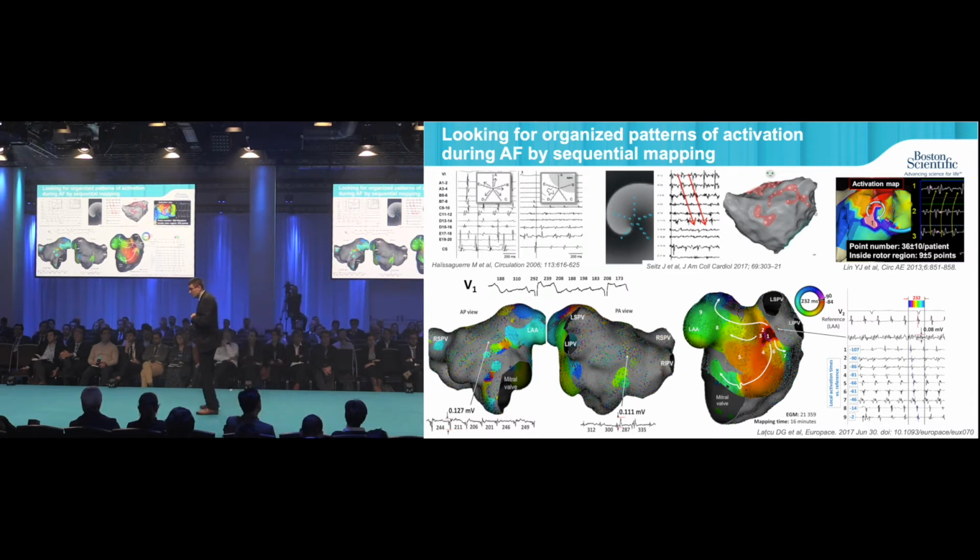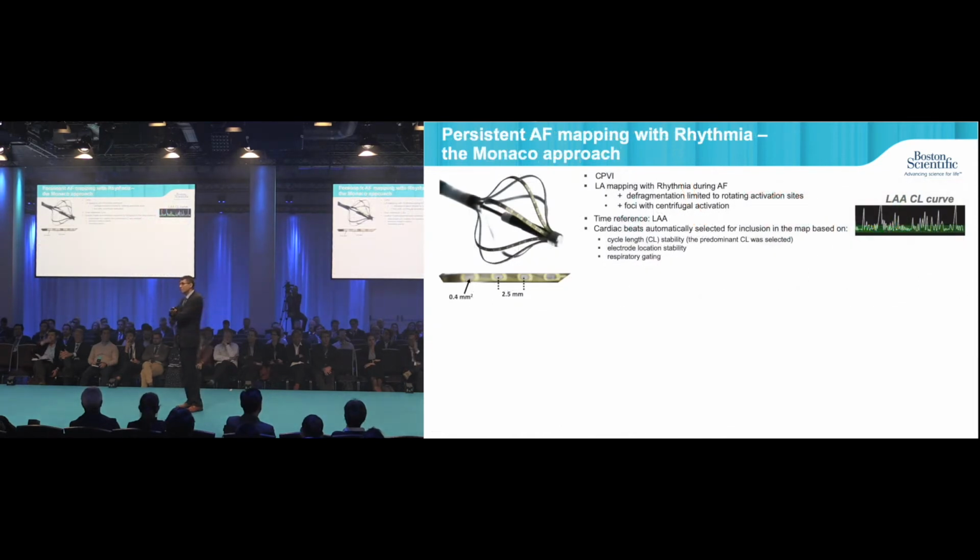So starting with that case, we designed an approach where after performing the wide circumferential pulmonary vein isolation, we remap the left atrium with the arrhythmia system by taking time reference at the level of the left atrial appendage.